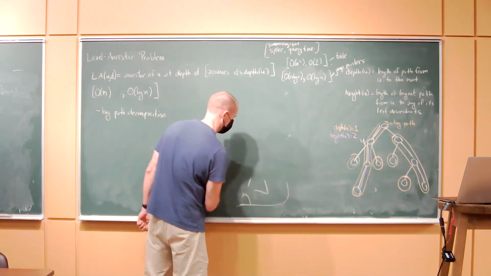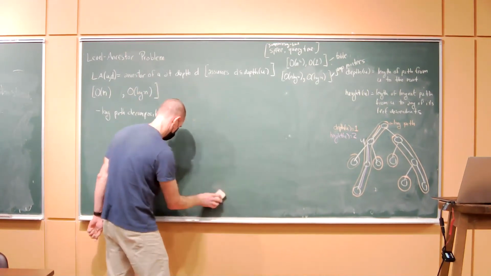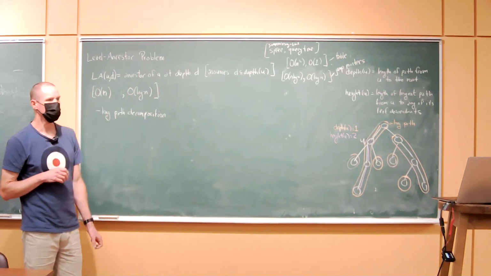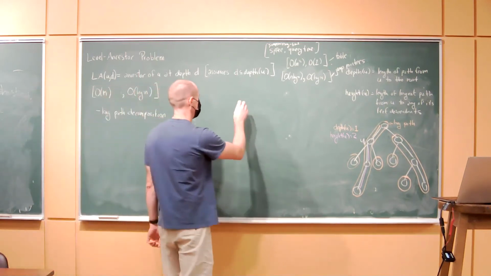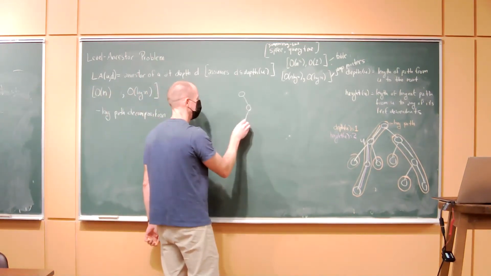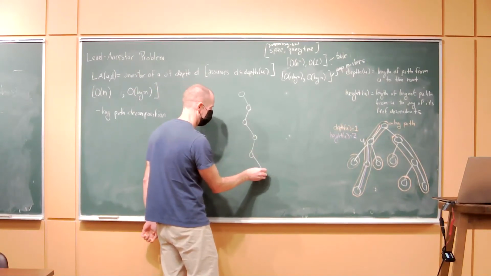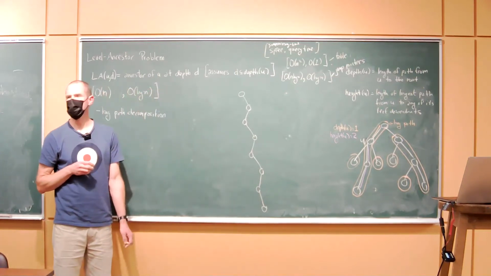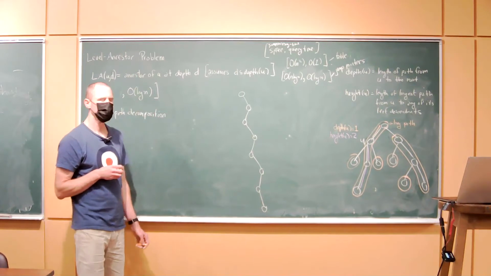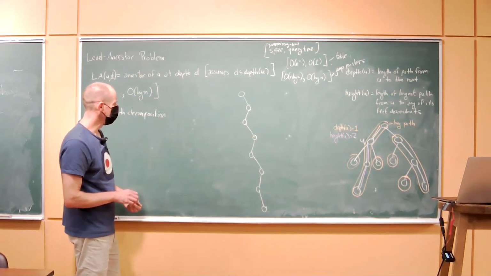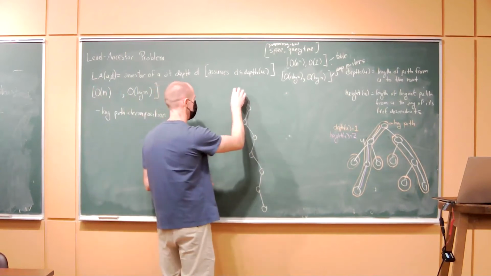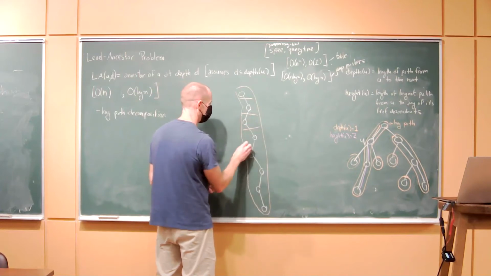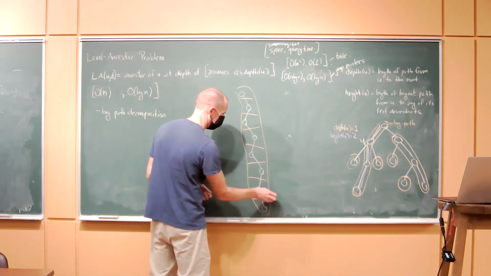Now, why is this a useful thing to do? Well, if your tree is just a path, then the level ancestor problem is easy, right? Because if your tree is a path, you could just store the nodes in an array.